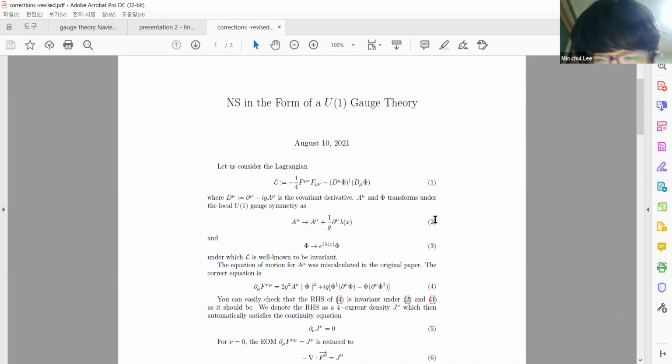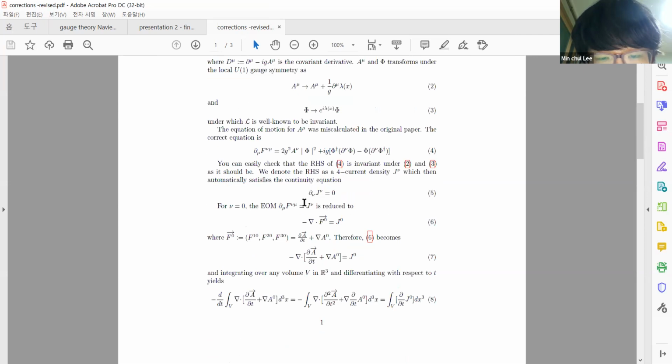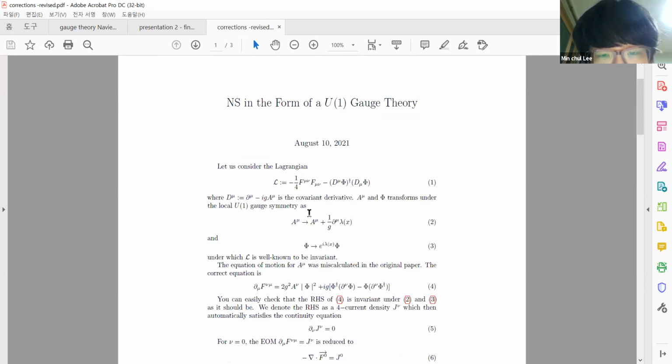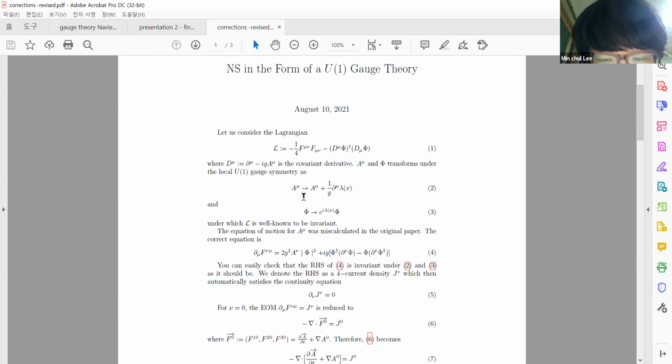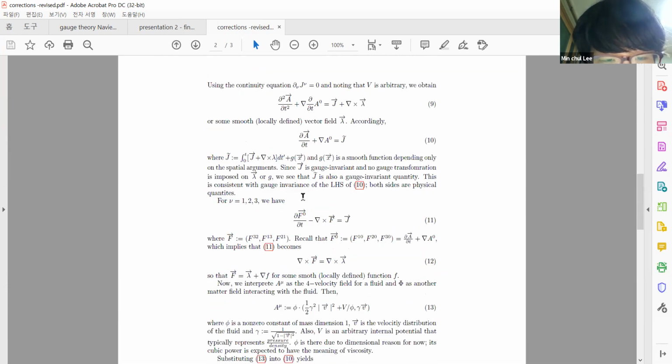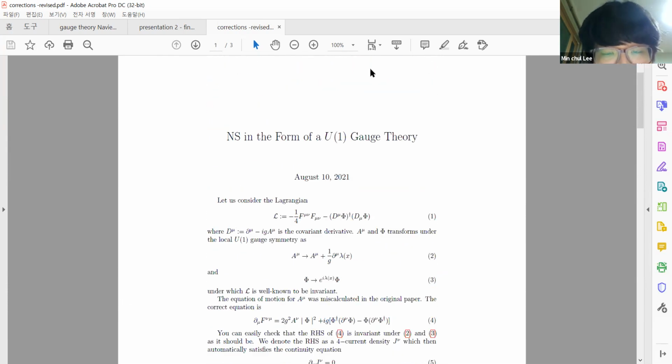Under the transformations 2 and 3, we can see that L is invariant because of the definition of F. I have not presented the definition of F, because, okay, let's see.